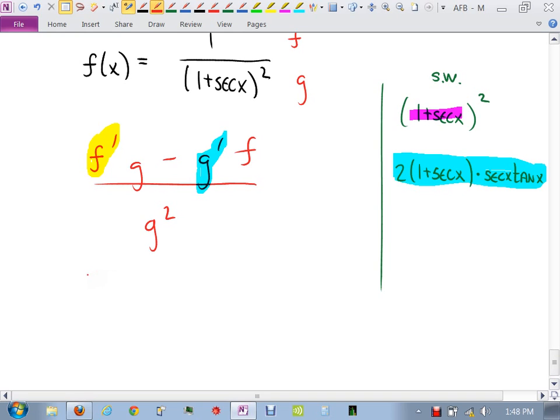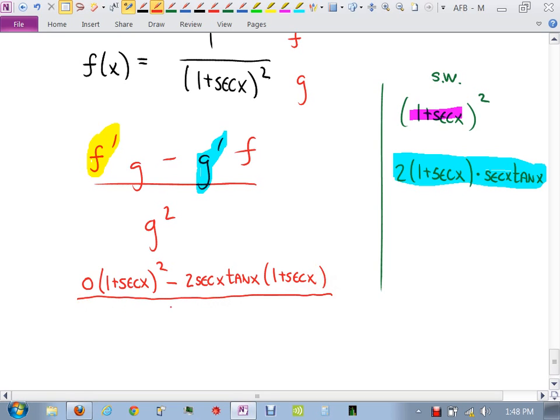F prime we said was what? 0 times the bottom, which isn't going to matter here because it's all going to get canceled and killed off. Let's see, minus g prime. I'll clean up g prime just a little bit. Secant x tangent x times 1 plus secant x, all over 1 plus secant x squared.